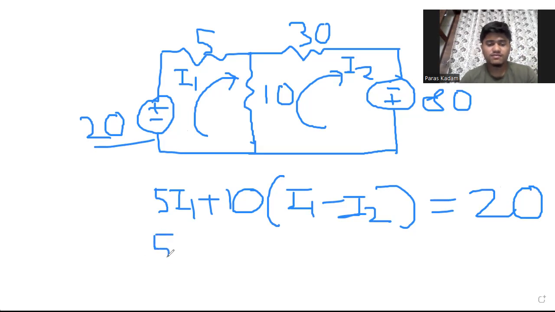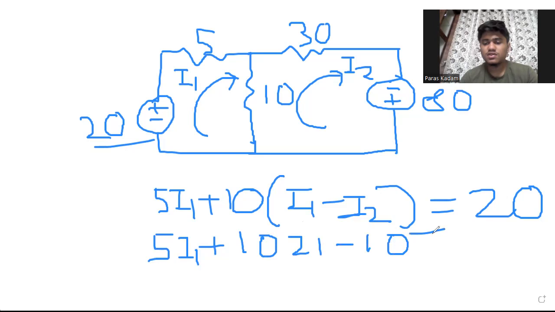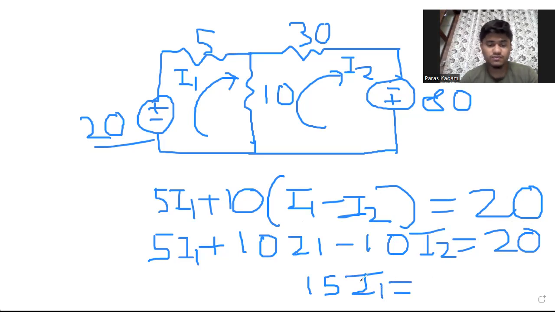I will write 5 I1 plus 10 I1 minus 10 I2 equal to 20. On further solving, we get 5 I1 plus 10 I1, which is 15 I1, minus 10 I2 equal to 20. So we got our first equation from the first mesh.